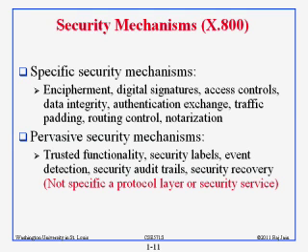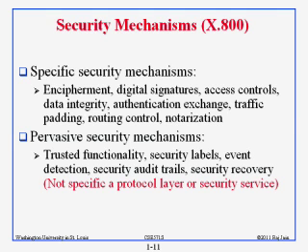Audit trails is simply keeping a log of the system. That is not related to a particular layer. It applies to the application layer, the transport layer, and it may not even apply to a particular service. We just want to keep a log of everything. So those are pervasive as opposed to specific. So these are all the mechanisms.